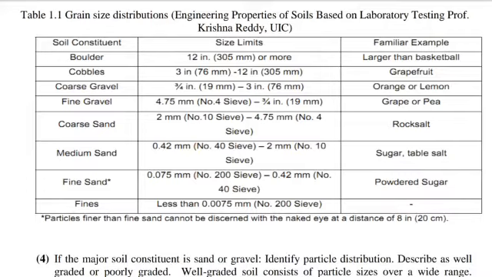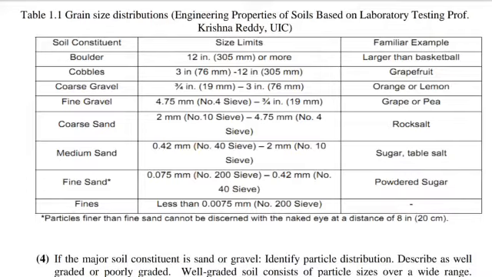Soil constituent: medium sand. Size limits: 0.42 mm, number 40 sieve to 2 mm, number 10 sieve. Familiar example: sugar, table salt. Soil constituent: fine sand. Size limits: 0.075 mm, number 200 sieve to 0.42 mm, number 40 sieve.